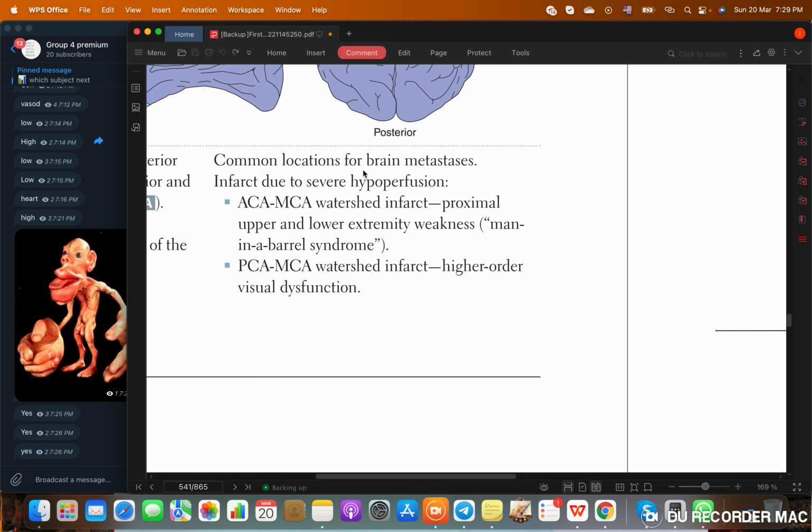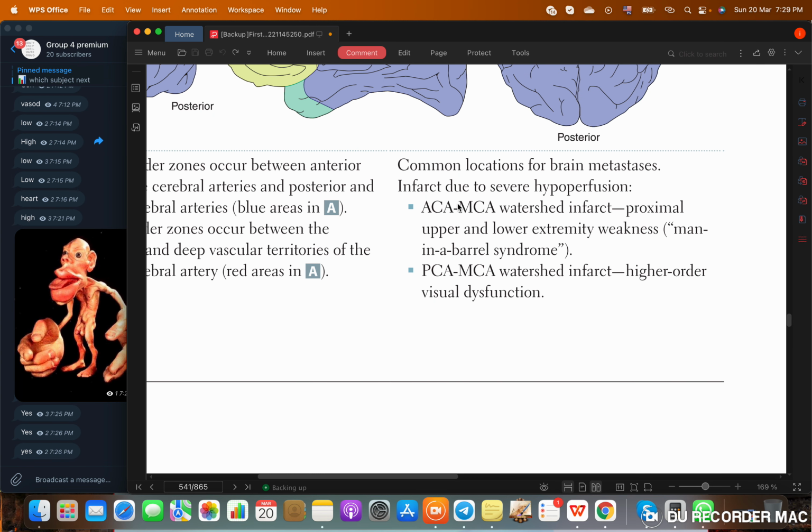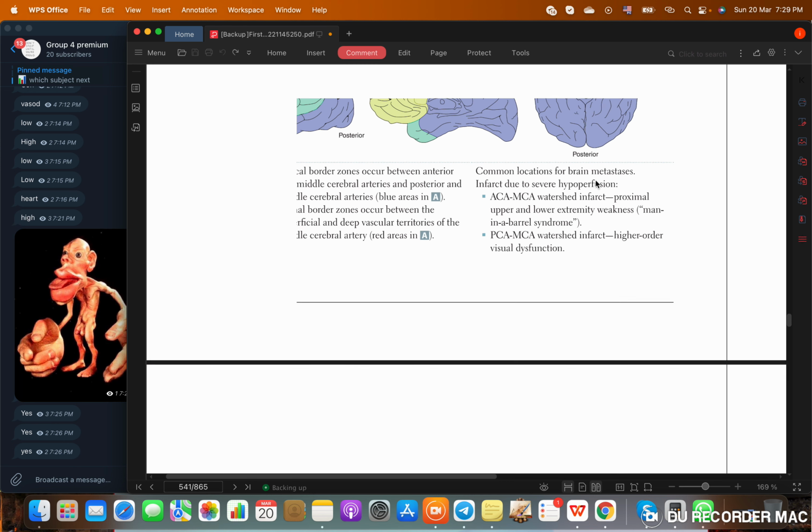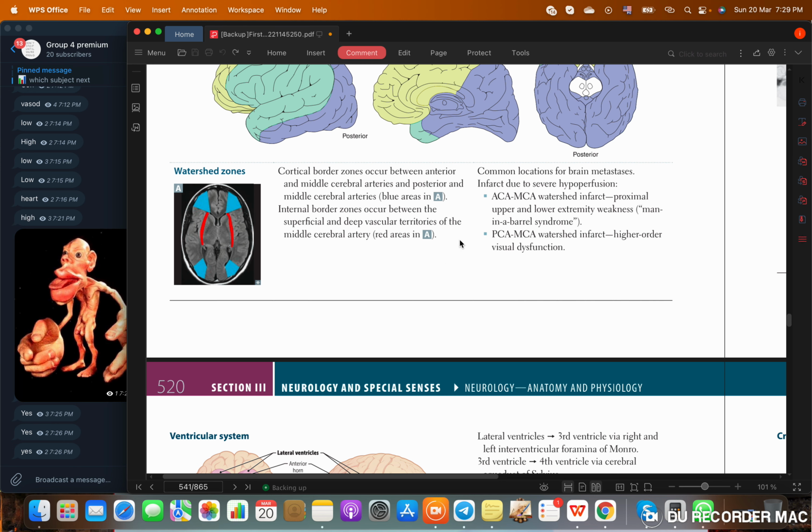So, a common location for a brain metastasis. Remember, the metastasis in the brain will most likely be at the watershed area, at something we call the gray-white matter junction. Our cortex is full of cell nuclei, not axons, but cell nuclei. So what do you think the outer cortex is made out of? Gray matter or white matter?